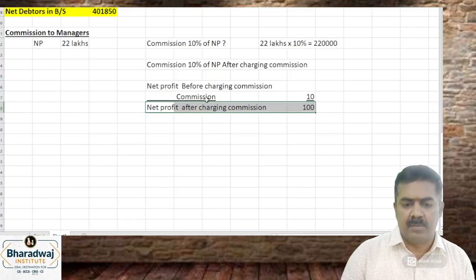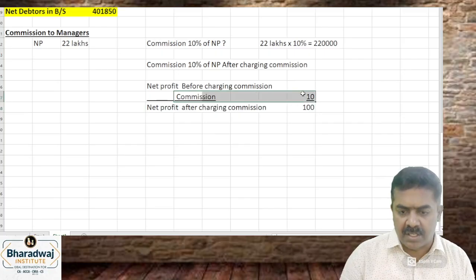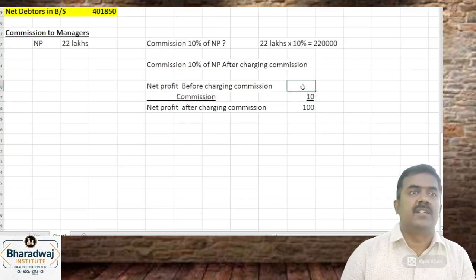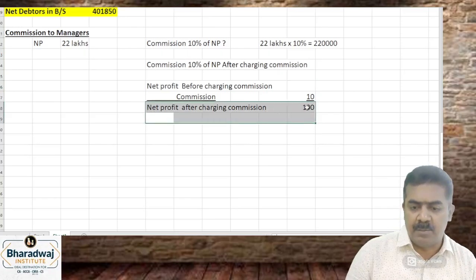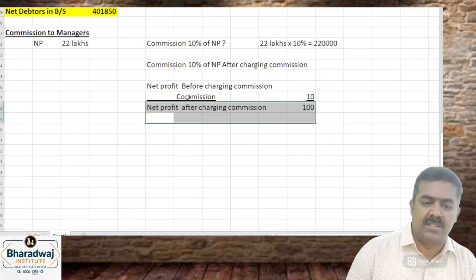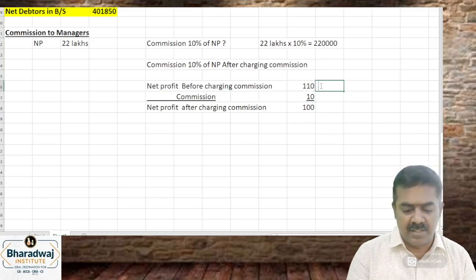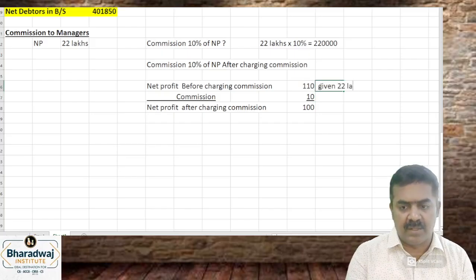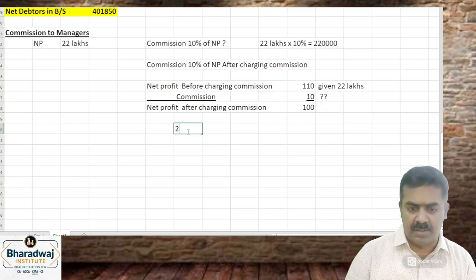Wait. Net profit after charging commission is 100, if commission is 10 rupees, what would have been the net profit before charging commission? 100 rupees should be the net profit after charging commission. Commission 10 rupees. Before charging commission, 110. That is what is given as 22 lakhs. That is why we will put 22 lakhs into 10 by 110.